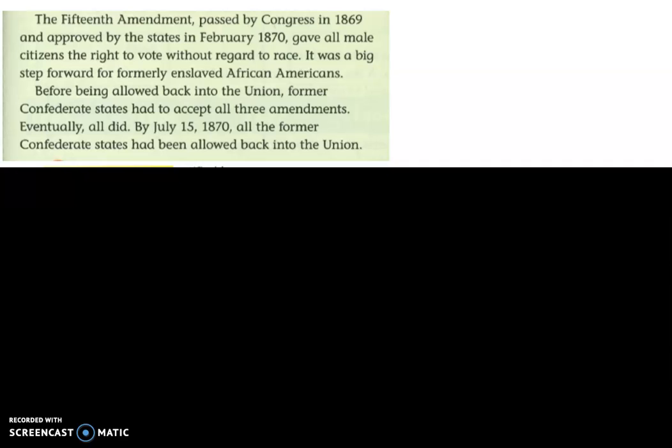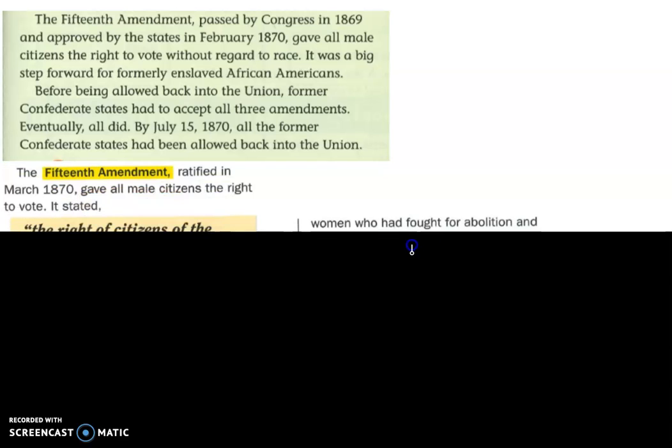So it took 5 years, a little bit more than 5 years, for the 13th, 14th, and 15th Amendment legislation to pass and for all the states to write their new government constitutions and to be let back into the Union.